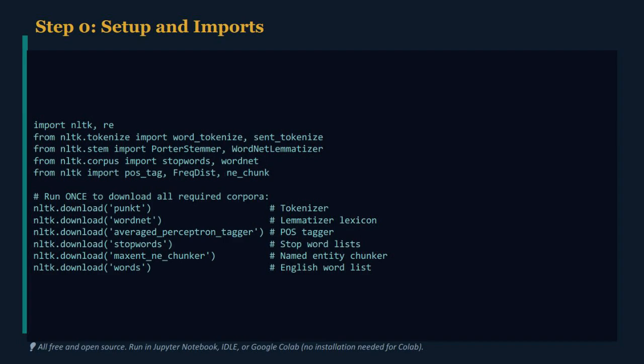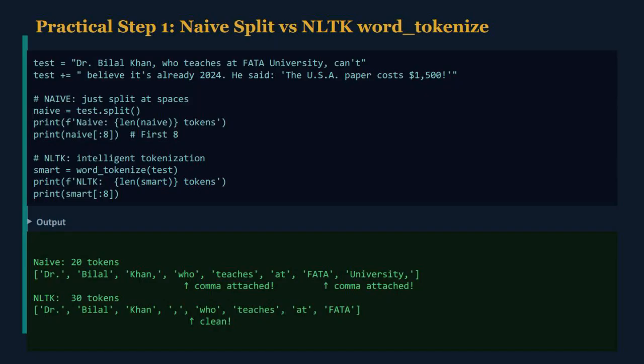Our test sentence is: Dr. Bilal Khan, who teaches at Fata University, can't believe it's already 2024. He said the USA paper costs $1,500. Method 1. Split at spaces.